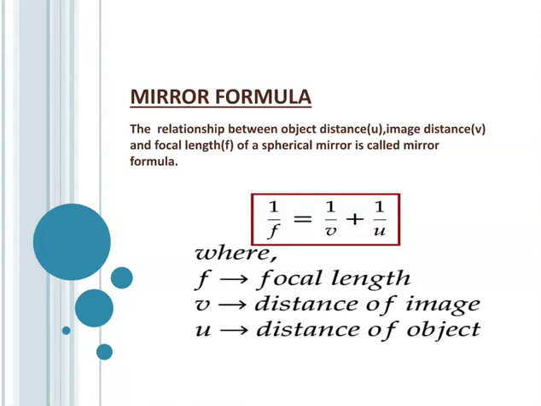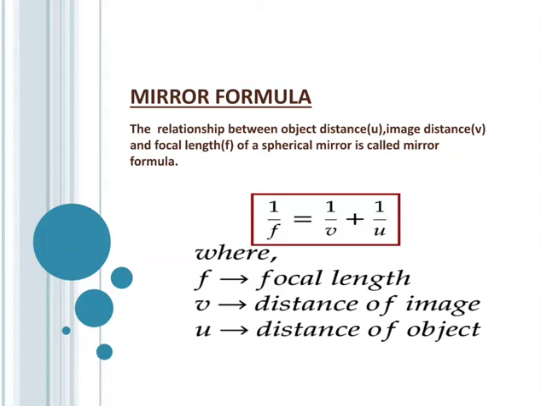Now next topic is mirror formula. What is mirror formula? The relationship between distance of the object, that is object distance u, image distance v, and focal length f of a spherical mirror is called mirror formula.